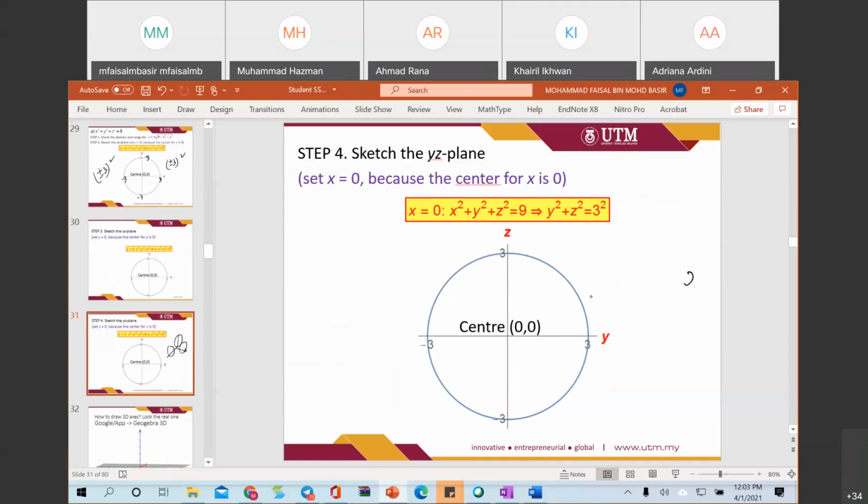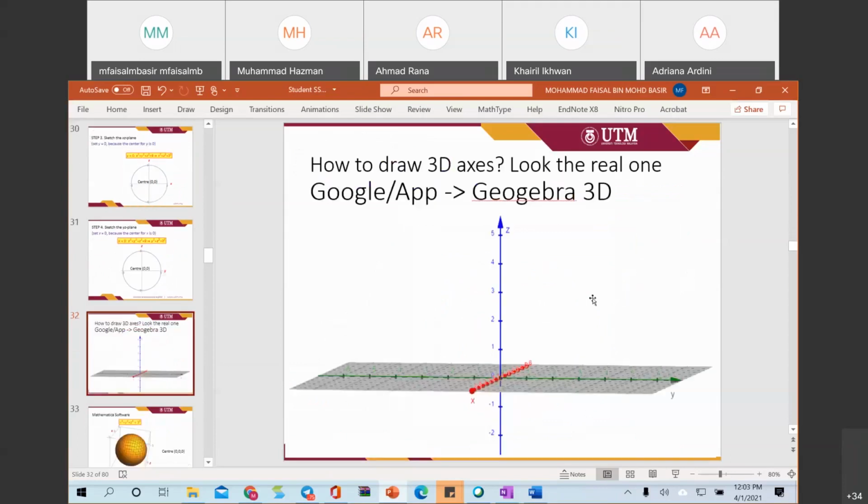It is wrong. So what you have to do is, if you see 3D, okay, I know it is hard. It is hard to see, but I will try to help you. So everything is 3, right? 3, 3, 3, 3. It's also 3, 3.